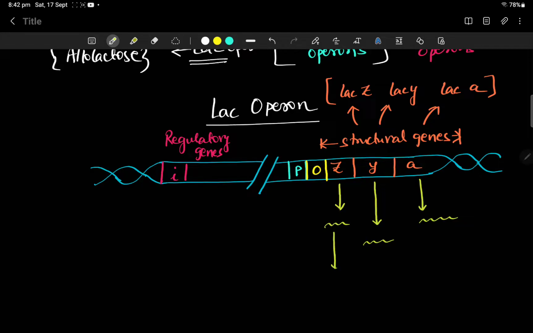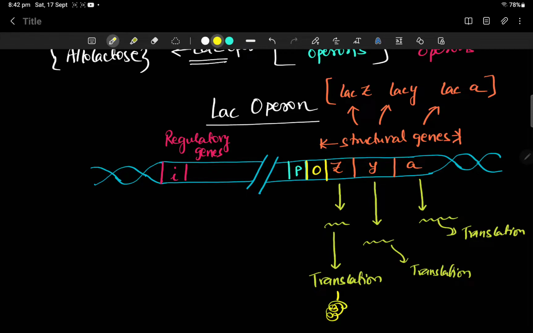All of them will go for their own translation. It may create confusion, so we'll show it separately. And they will produce their own proteins.